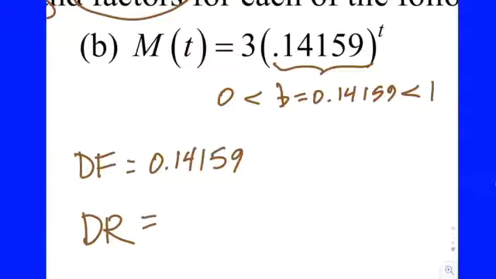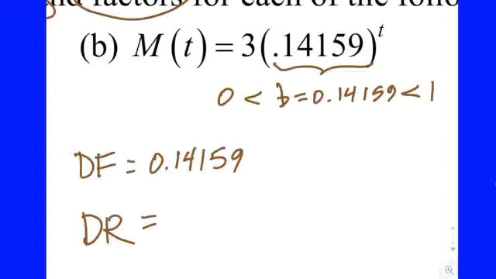Okay? Now the decay rate. If I were making a test, what do you think I would put as an answer choice for the decay rate? 14.159. Would you take it? No. You'd be like, ha-ha, I'm not a sucker. Right? Because we need to find the difference from 100. This basically says we're only retaining 14% roughly every time.